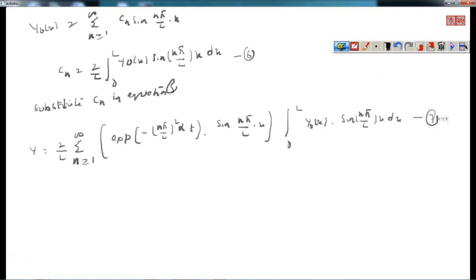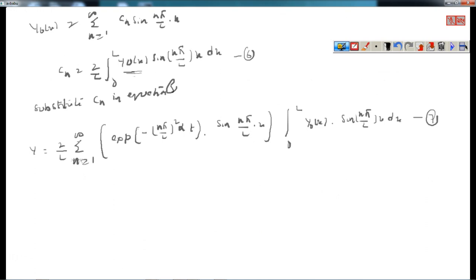Clear? Now from equation number 6, the initial temperature distribution is y0 x. This initial temperature distribution must be known if you want to find the temperature at any point and at any time.